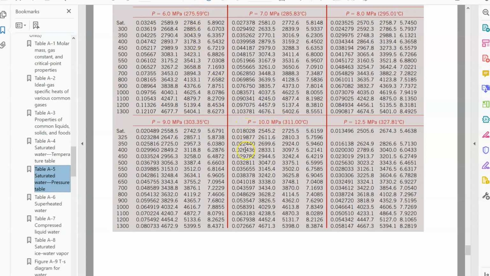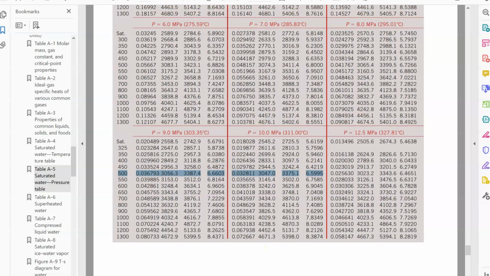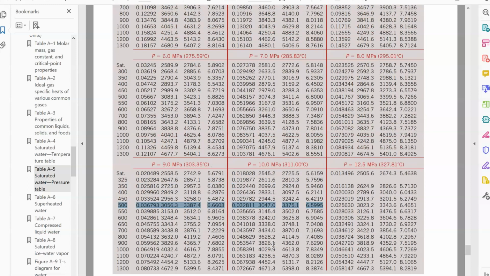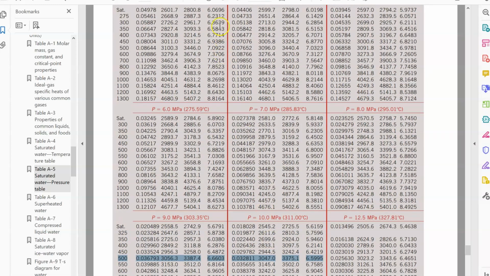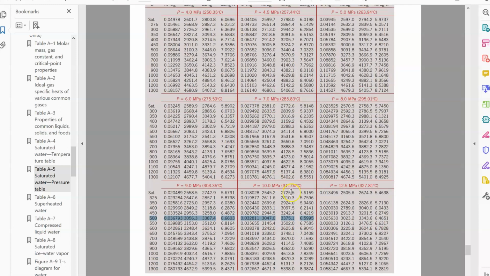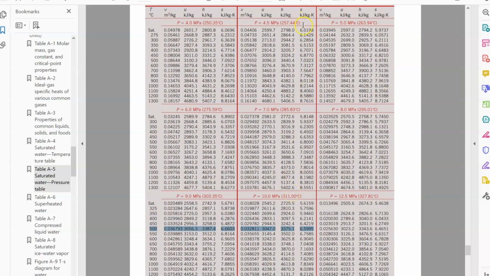So we are going to look at the value for 500 degrees C. So we highlight it here, and what is needed is the value of entropy, or S. Okay, so S is seated in this column here. So at 10 megapascal with temperature at 500, the value of your S is this one.